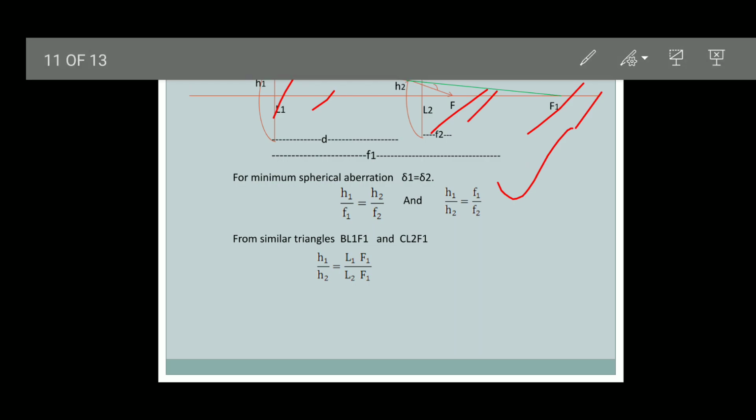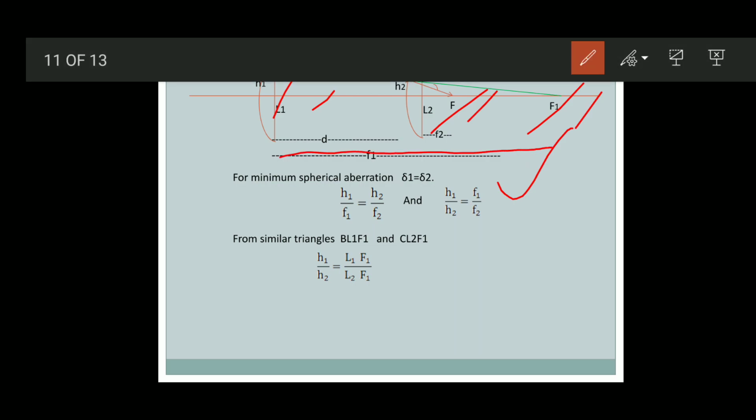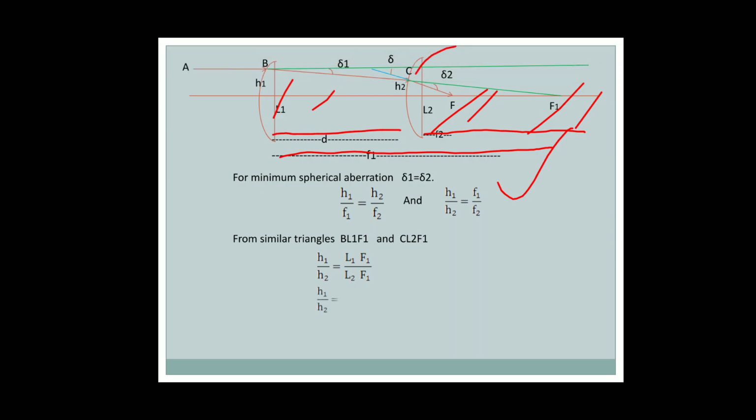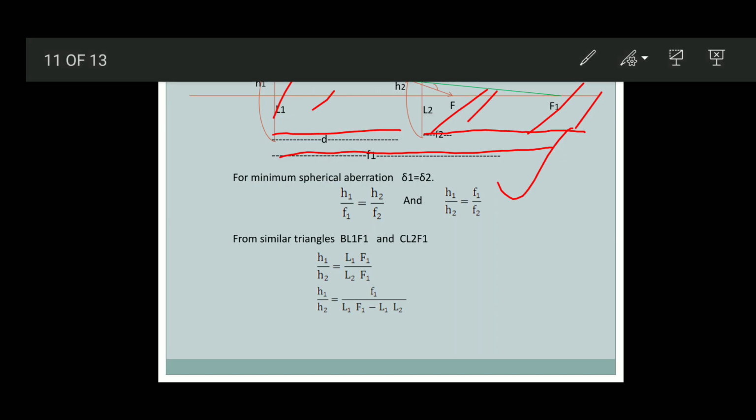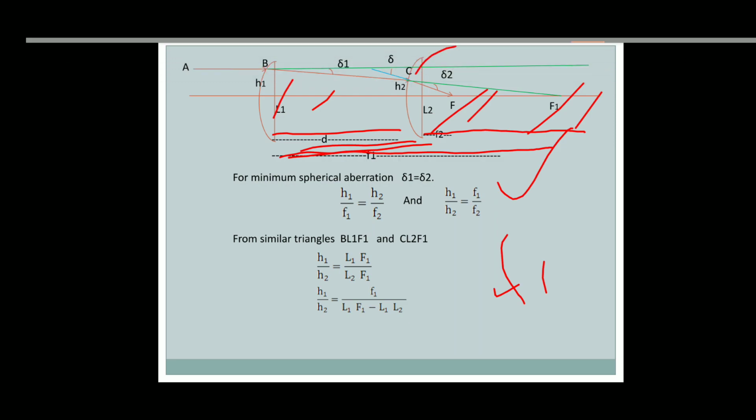But we know L1F1 is equal to the focal length f1, and L2F1 is equal to L1F1 minus L1L2. So h1 by h2 is equal to f1 by (L1F1 minus L1L2). We know L1F1 is equal to f1, the focal length of the first lens, and L1L2 is equal to small d, the distance between the two lenses. So h1 by h2 is equal to f1 by (f1 minus d).